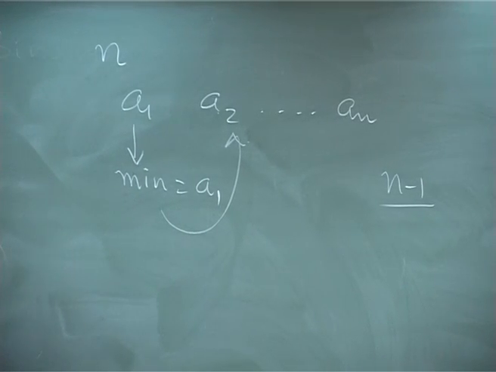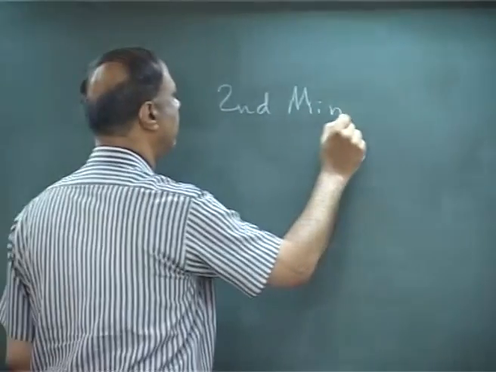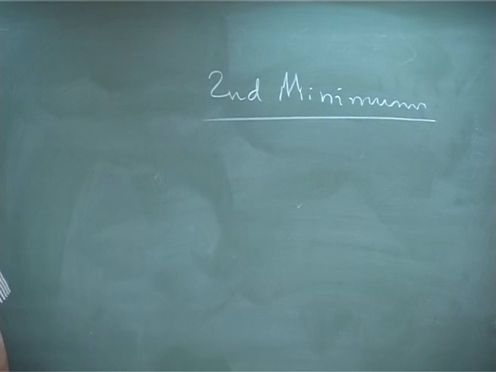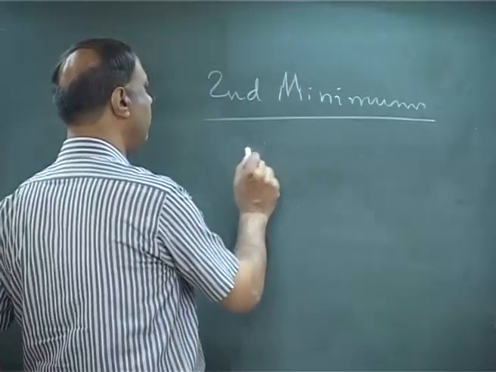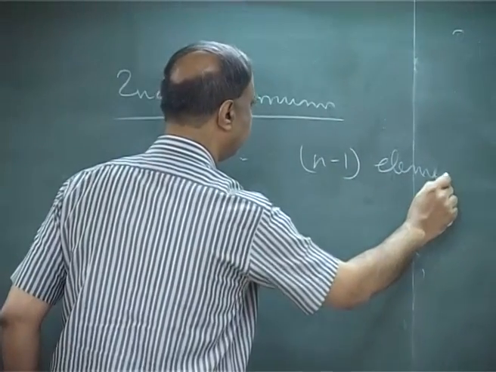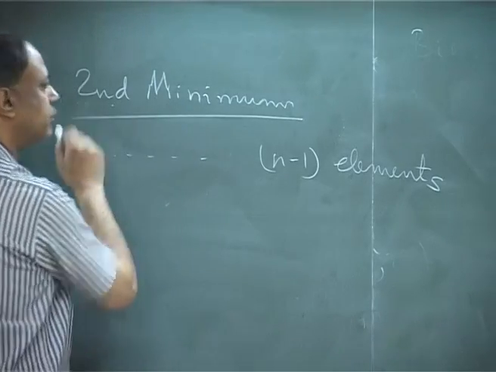Now the problem is here, suppose instead of finding the minimum of n elements, I am interested in finding the second minimum. Now how can I find the second minimum of these n elements? One possible way is that you first find the minimum. Now you have the remaining n minus 1 elements, and again you find the minimum. That will be your second minimum.